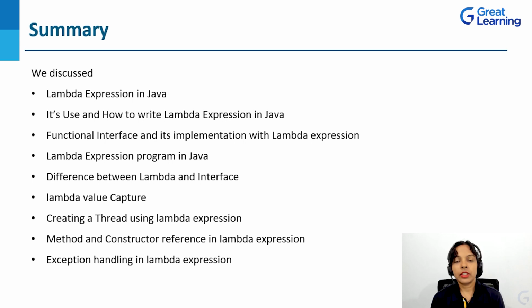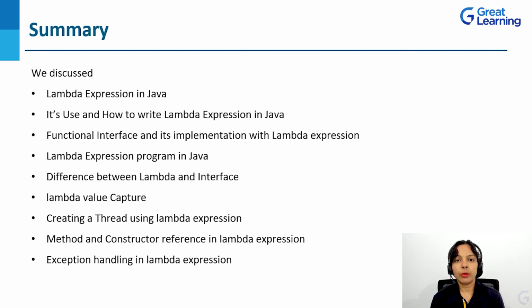And then with the various examples, we tried understanding the different aspects of Lambda expressions, like how can we do static method reference, how can we do instance method reference, and how can we do constructor reference from Lambda expression. We also talked about what is functional interface, because functional interface plays a very important role under Lambda expression. And how can we implement a functional interface using Lambda expression was also discussed.